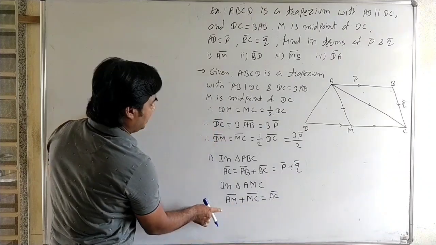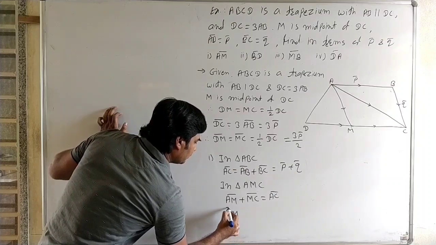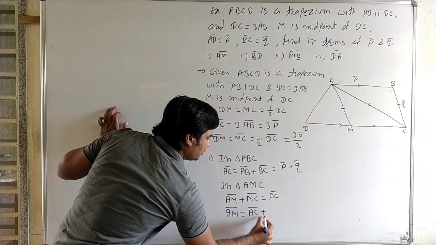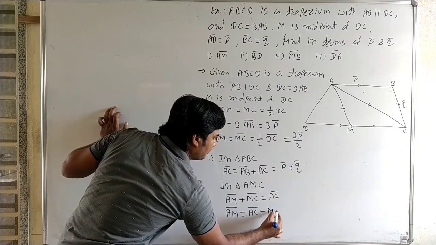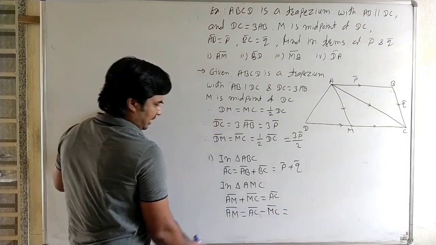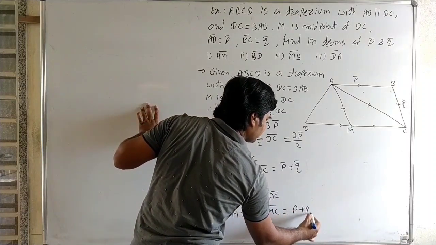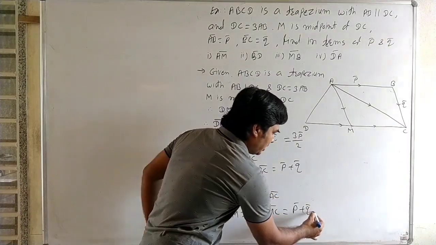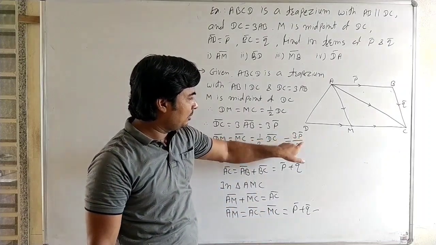We want to find the vector AM. Therefore vector AM is equal to vector AC minus vector MC. Vector AC is P bar plus Q bar, and vector MC is equal to 3 P bar upon 2.